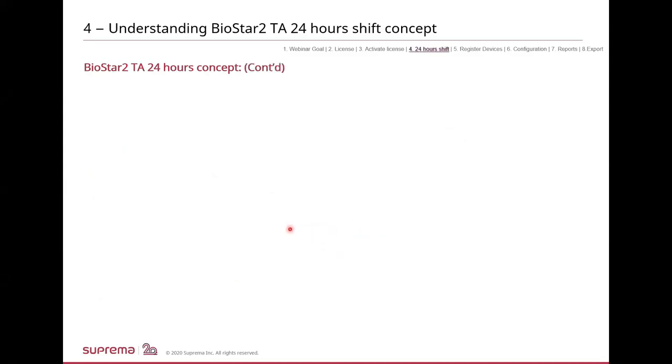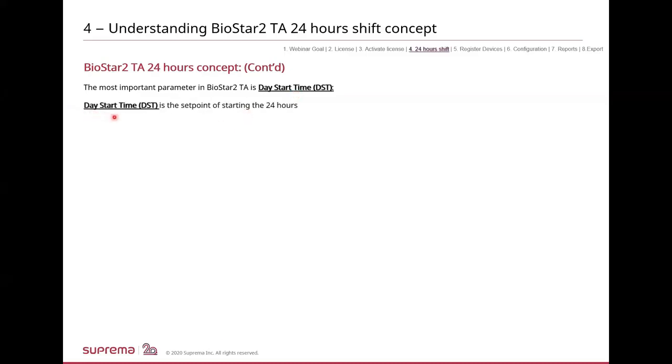Okay, now one of the most important parameters in BioStar 2 Time Attendance is called day start time. So day start time is the sensitive parameter with the 24-hour shift, because this is the starting of the 24-hour shift. Let's try to understand that.